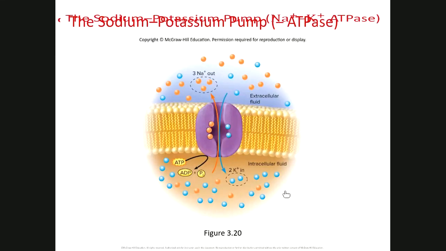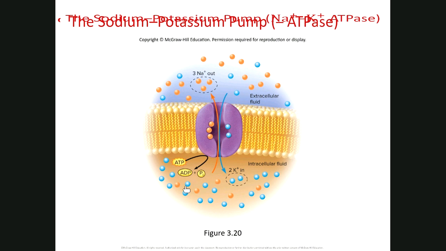Here is the sodium-potassium pump. What you're seeing here is, okay, so in blue is potassium, in orange is sodium. Now remember, the inside of the cell has a higher concentration of potassium compared to sodium. And you can see that.